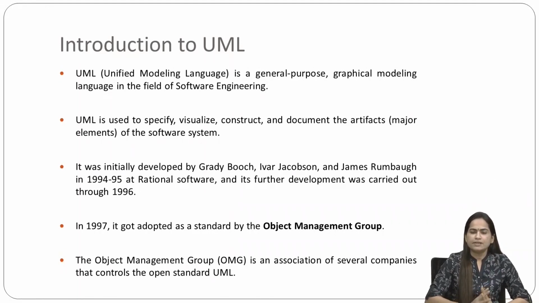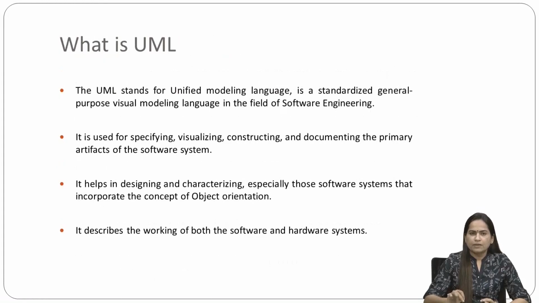In 1997, it got adopted as a standard by the Object Management Group, OMG. It is an association of several companies that are controlling the open standard UML. This is what we have seen about UML, what it is and when it was developed. Now we are going to define it.